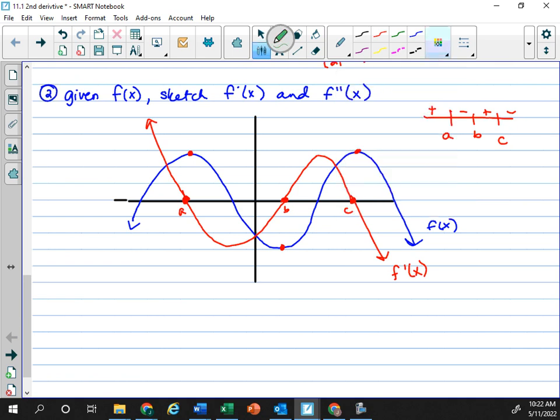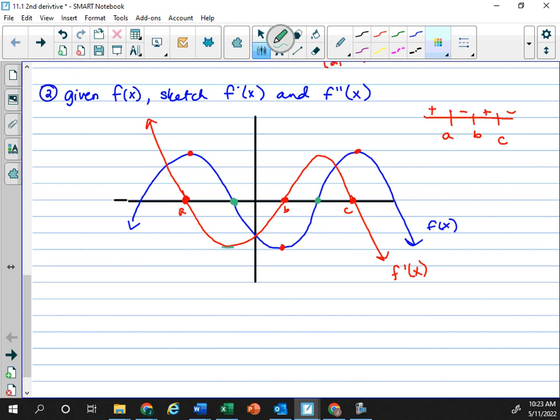All right, so it looks like an inflection point maybe happens somewhere right in here. Would you guys agree? Do you notice it's always halfway in between your max and your min? That's where the inflection points happen. And this one, I didn't mean for these to both be basically on the x-axis, but that's kind of what happened. So those are your inflection points.